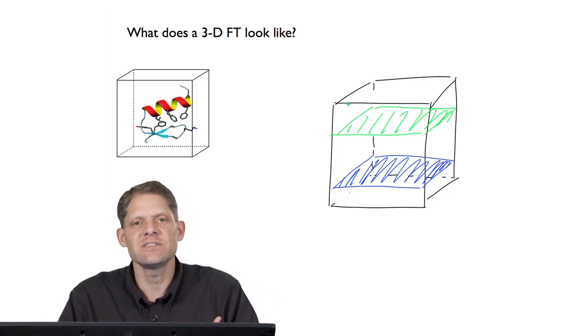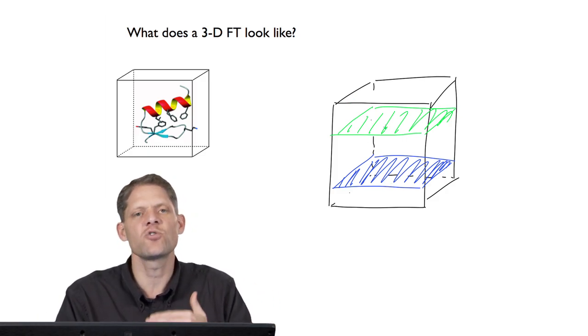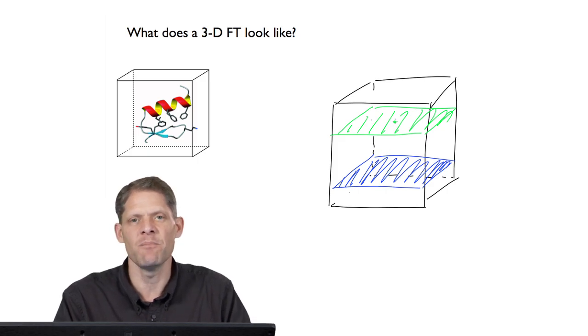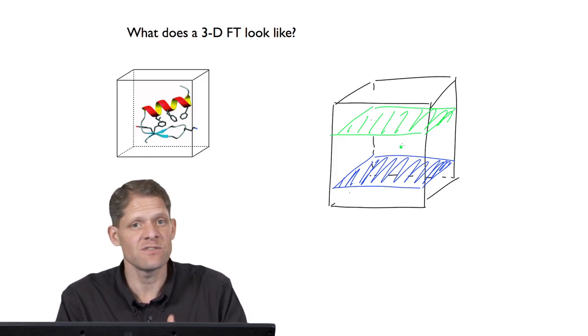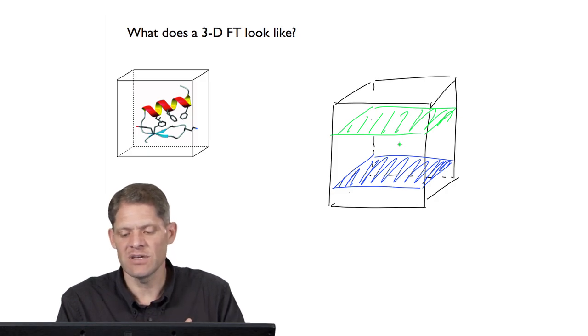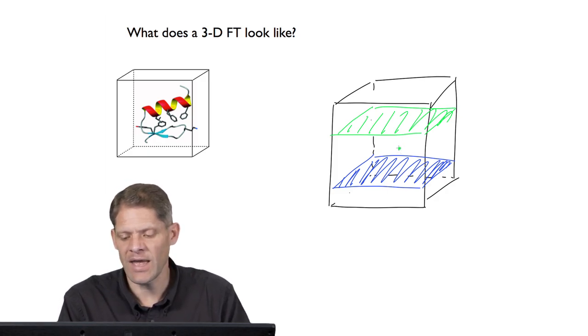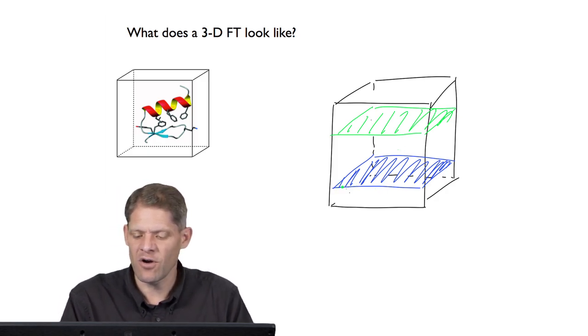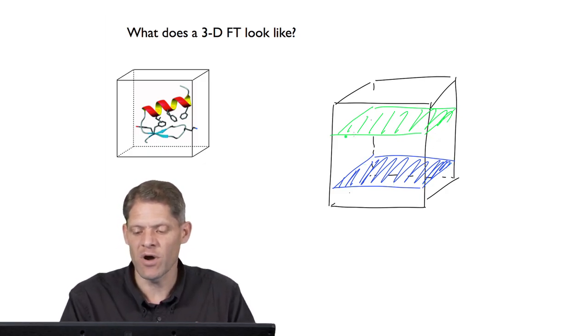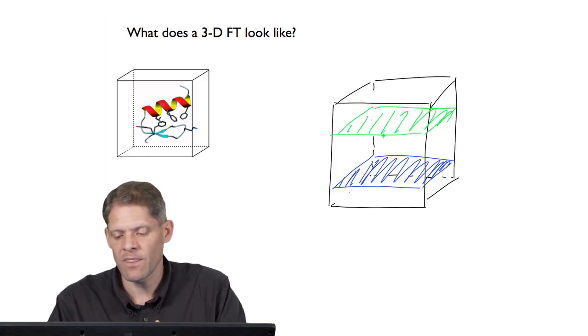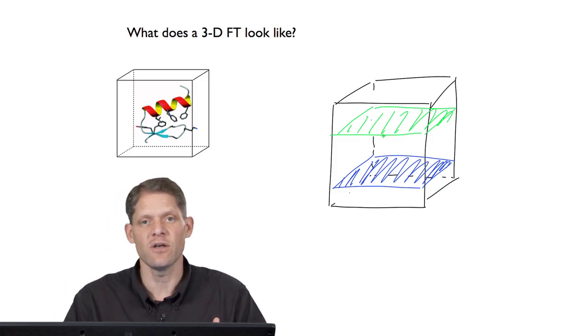So for a 3D sine wave, all I'm drawing here is the crests, the maximum and the minimum. Each voxel inside this cube has a value. The value is the sine function at that position. And all of the voxels on this plane have a value of 1. All the voxels here are -1, and the oscillation is between those.